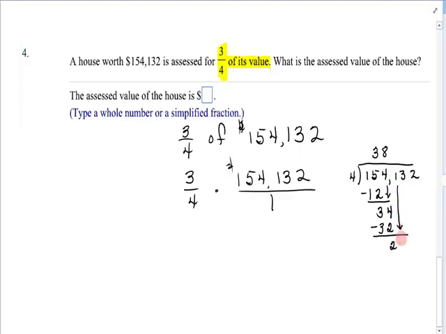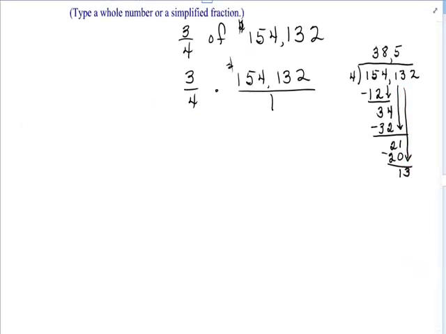Bring down the next digit. 4 goes into 21 5 times. 5 times 4 is 20. Subtract. Bring down the 3. 4 goes into 13 3 times. 3 times 4 is 12. Subtract and bring down the final digit of a 2. And 4 goes in there 3 times.